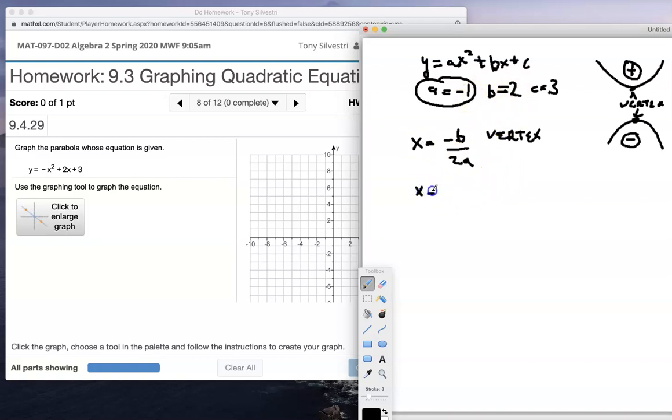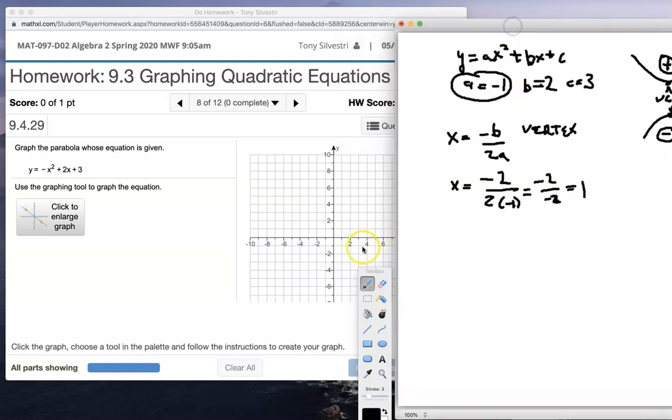X equals negative b, so negative 2 over 2 times negative 1 is negative 2 over negative 2, which equals 1. I expect the vertex to occur at x equals 1.